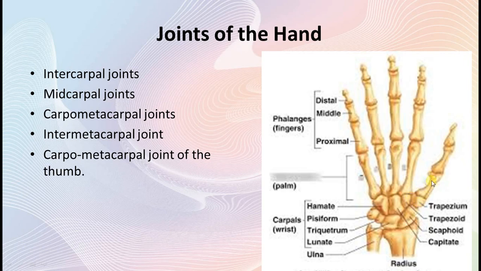Then you have the first carpometacarpal joint, the carpometacarpal joint of the thumb. This is somewhat different from the other carpometacarpal joints of the second, third, fourth, and fifth digits. The carpometacarpal joints are of plane variety, so they provide some gliding movements, and apart from gliding, some very passive rotation takes place.